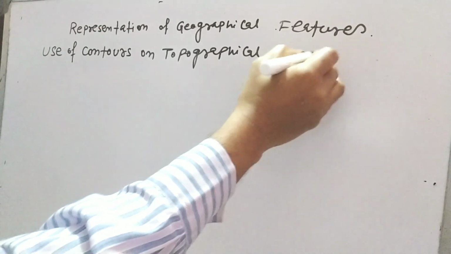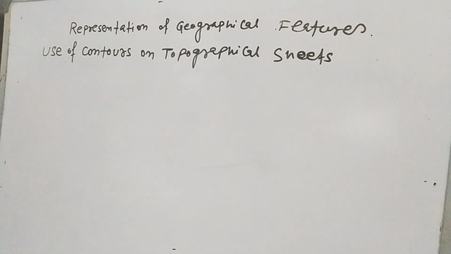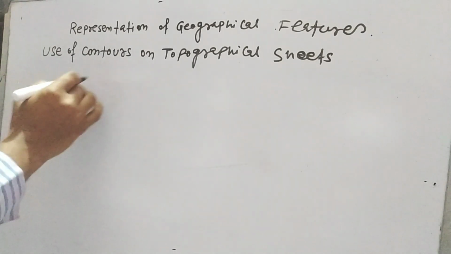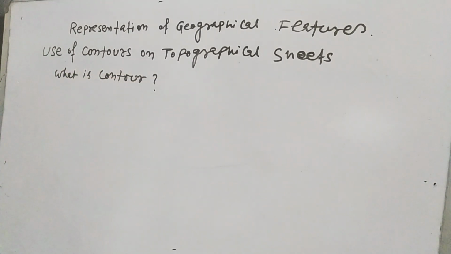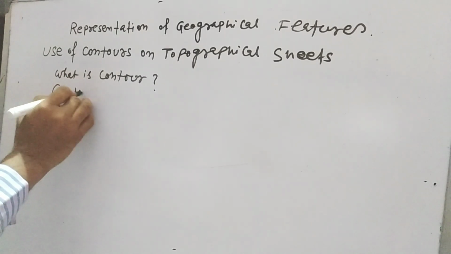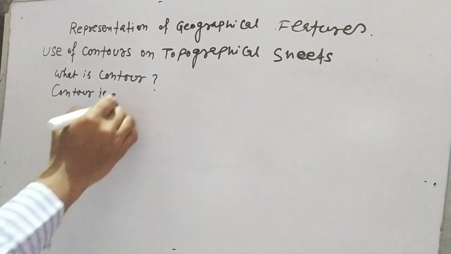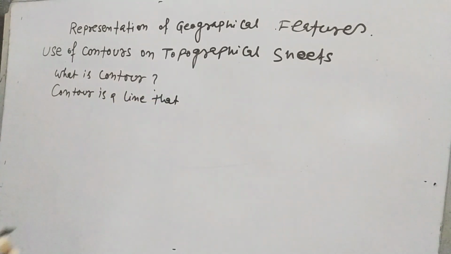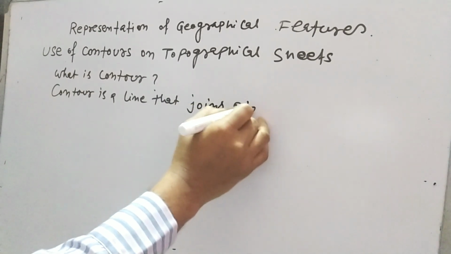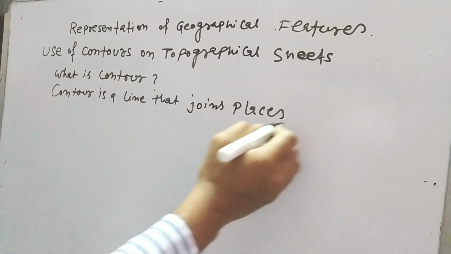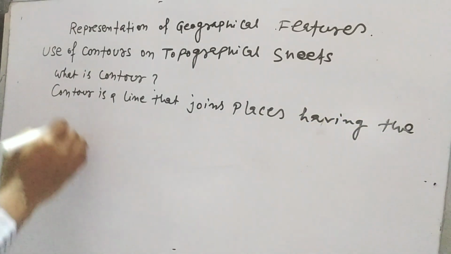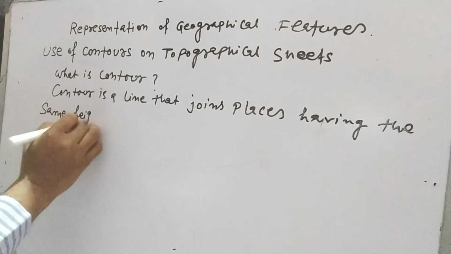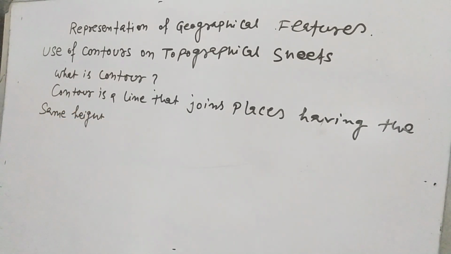Right? So first of all, what is a contour? A contour is a line that joins places having the same height above the mean sea level.